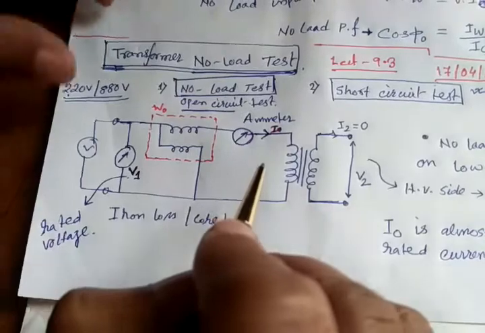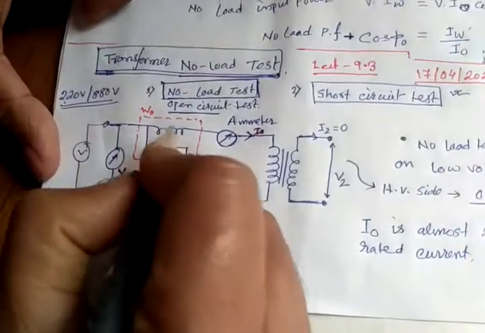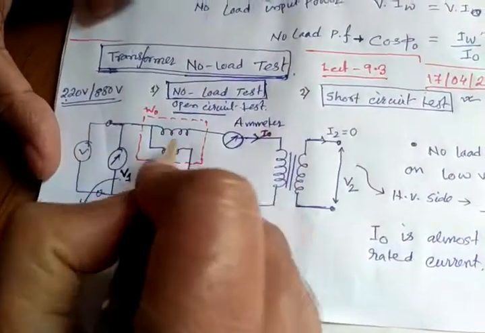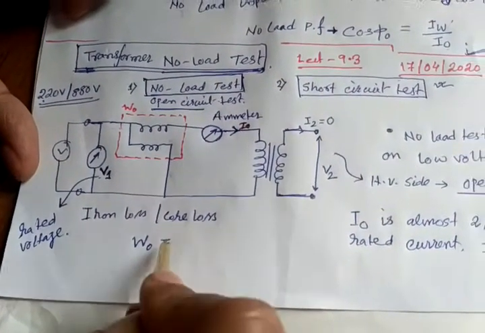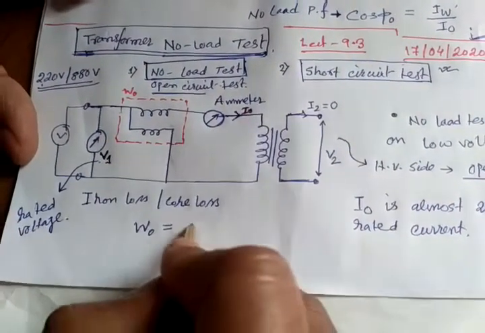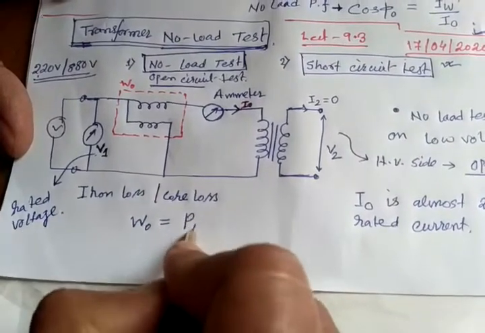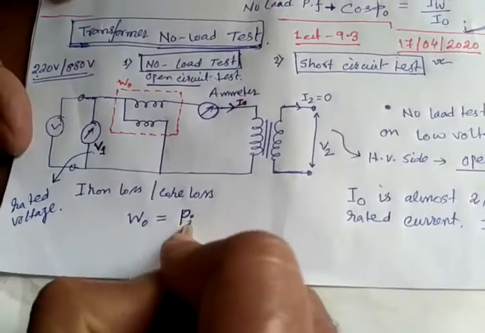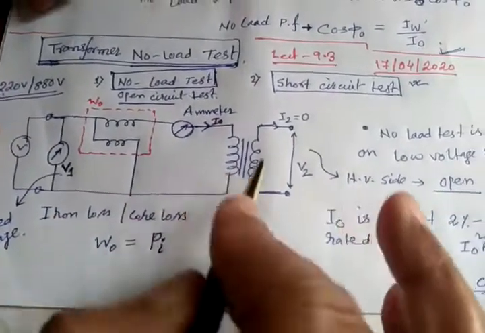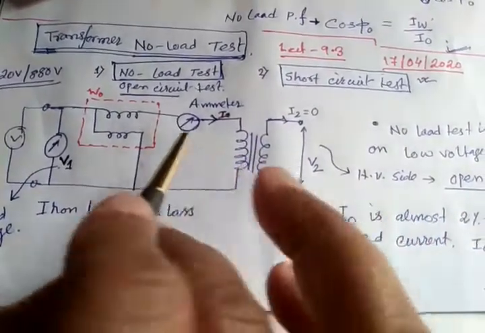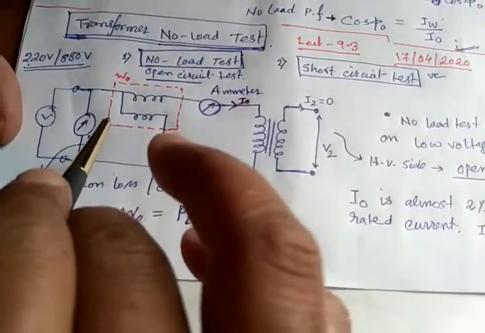So for the time being we are ignoring the copper loss, as this loss amount will be very less. Whatever we get in the wattmeter reading, we call it W0. This is nothing but the core loss or iron loss, which we call Pi. We also know that this core loss or iron loss does not depend on other factors. These losses are also known as constant losses.